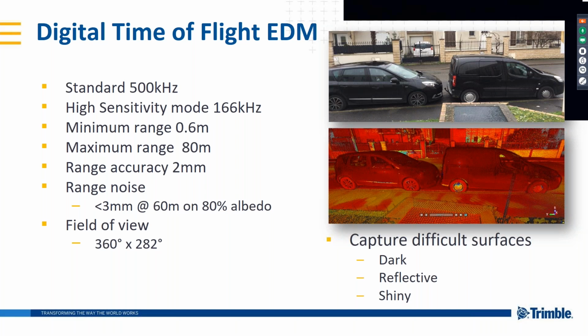So anybody that's into scanning probably knows that the reflectiveness of the various things that you're hitting will change depending on both the distance and the material that you are actually scanning. As I say, minimum range about 0.5 meter, maximum range about 80 meter, and then we have range accuracy about 2 millimeter.